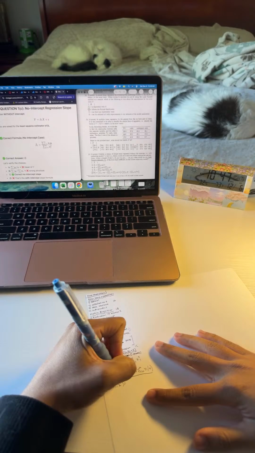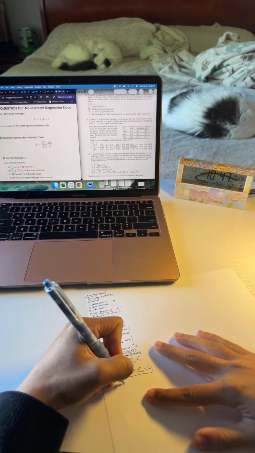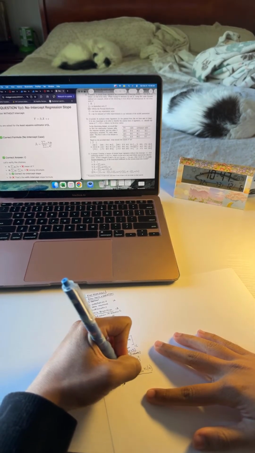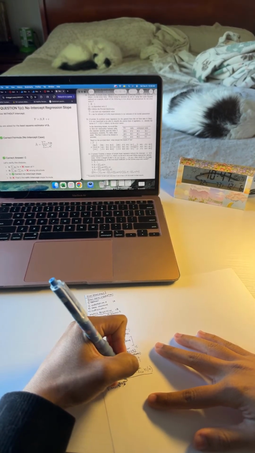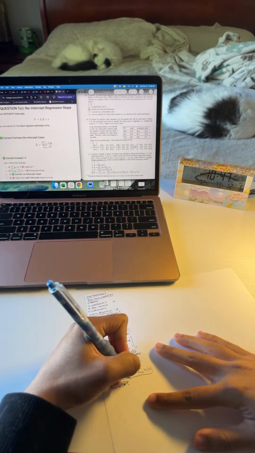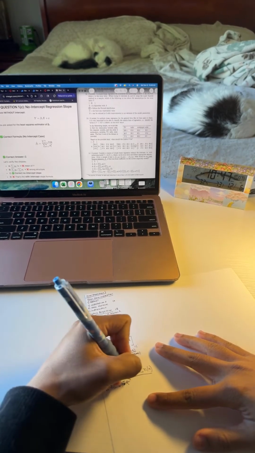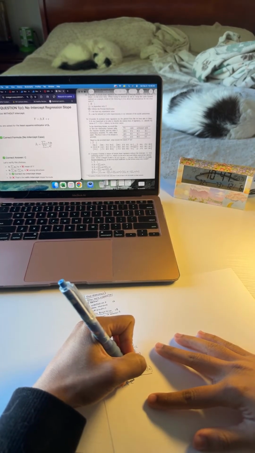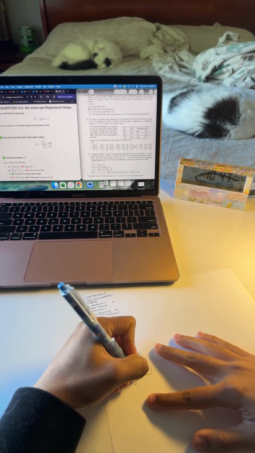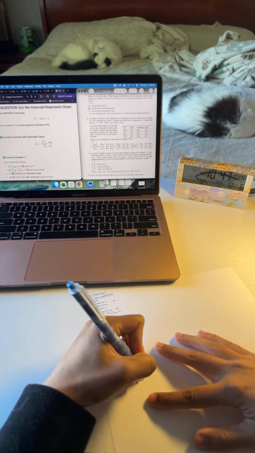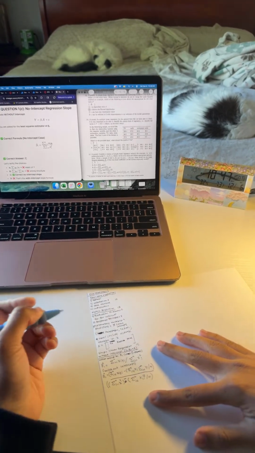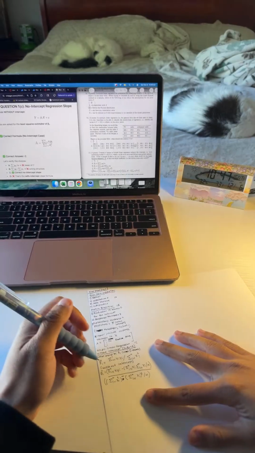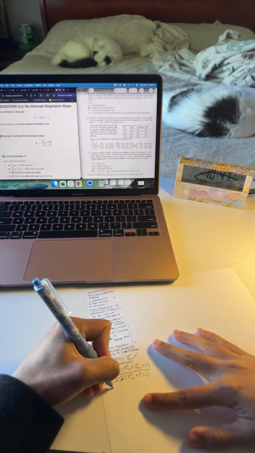Xi squared minus summation i equals 1 to n of xi squared over n. So this is with intercept.